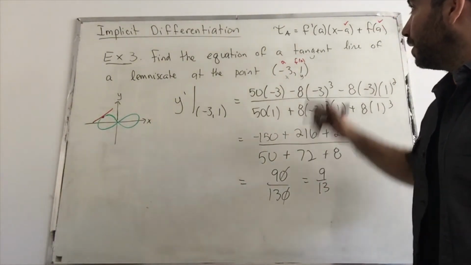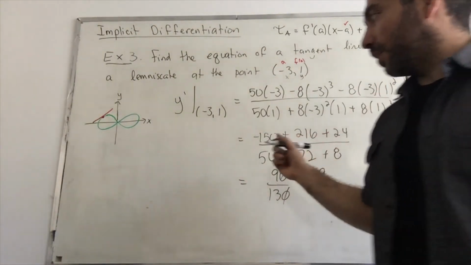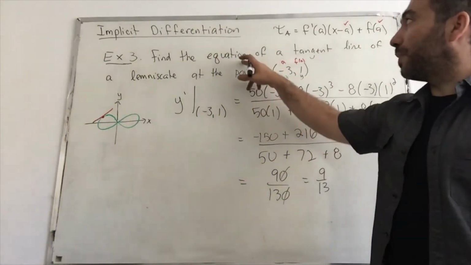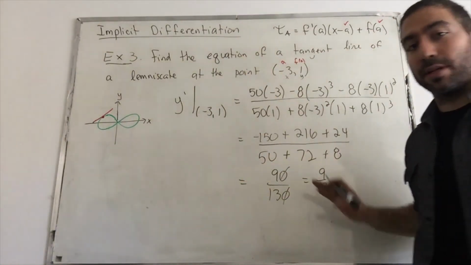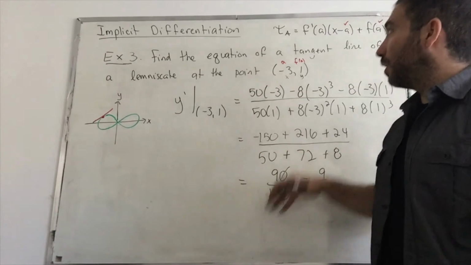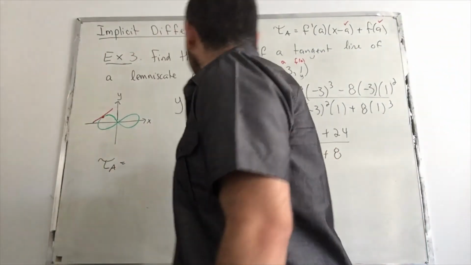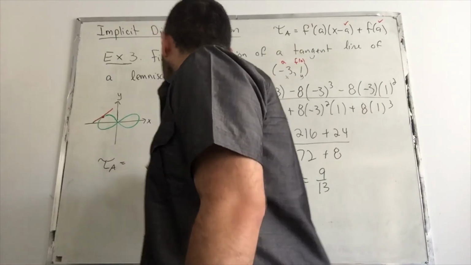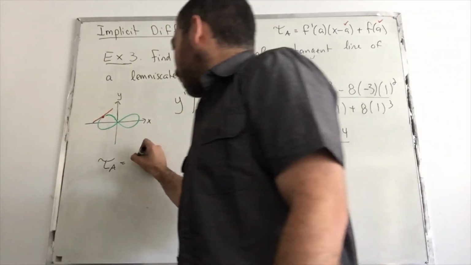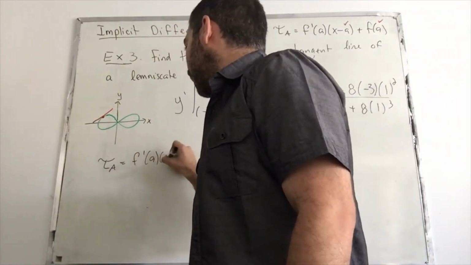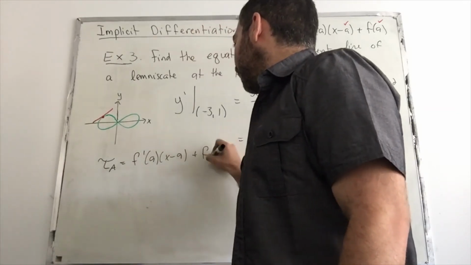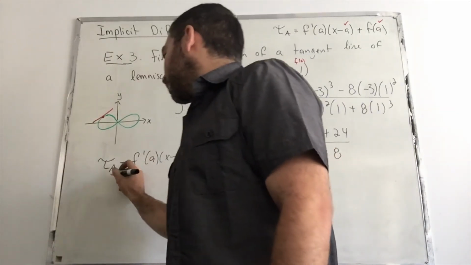Next, let's go find the entire equation of a tangent line. If it asks for the slope of the tangent line, we're done. The answer is 9/13. But if it asks for the equation of a tangent line, we plug it into this formula. So the equation of the tangent line is f prime of a times x minus a plus f of a, giving us t of a.